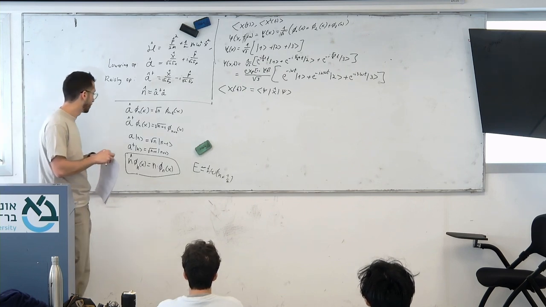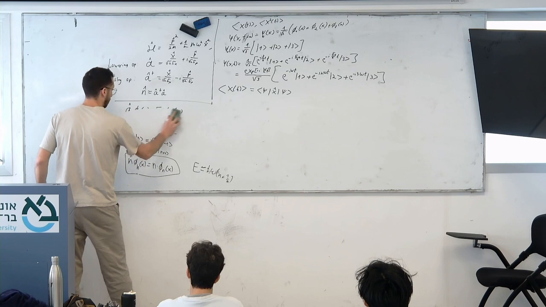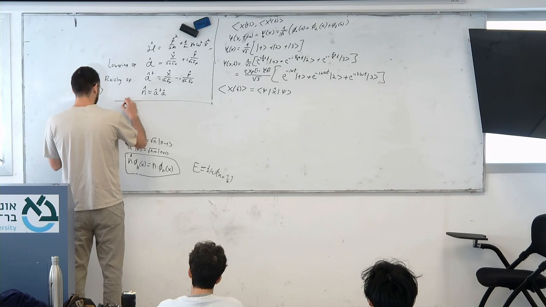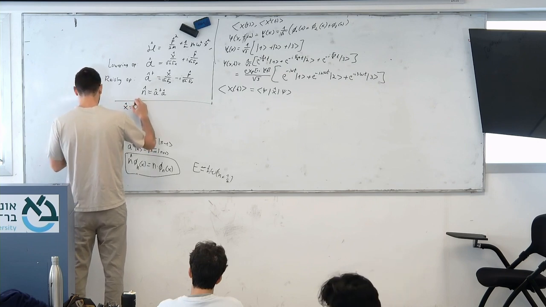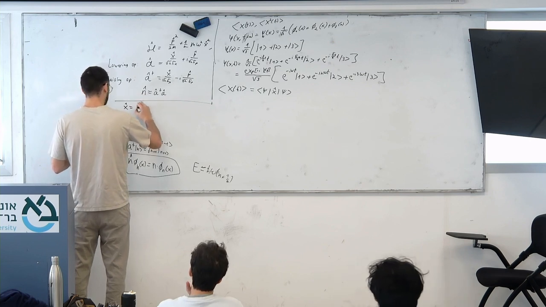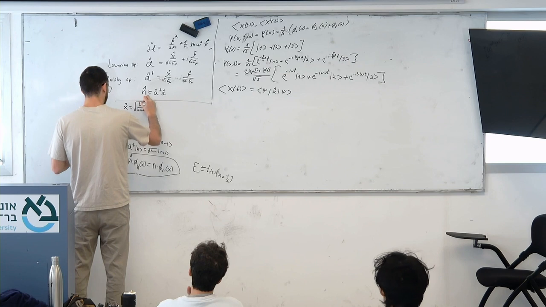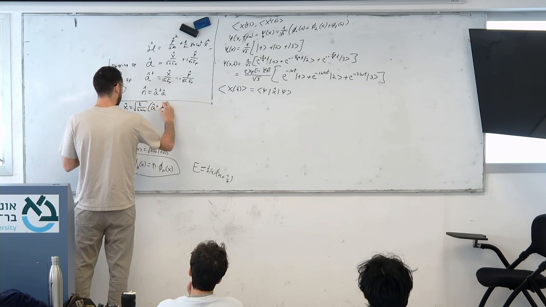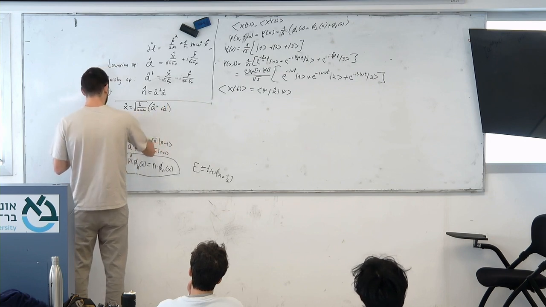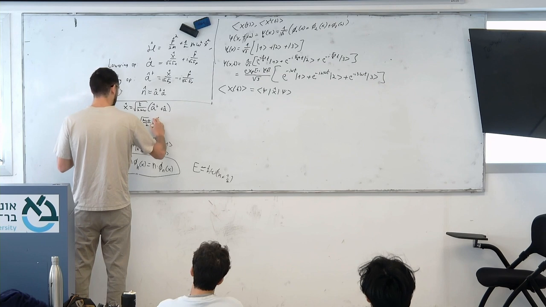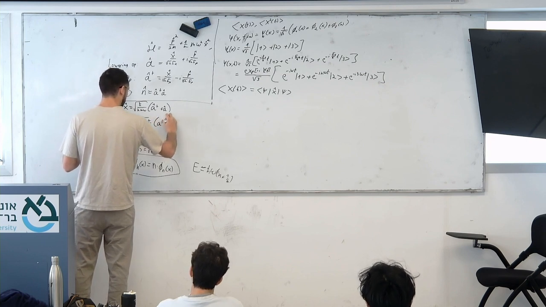I can always write the x operator equal to square root of h bar over 2m omega times a dagger plus a, and the p operator equal to i square root of m omega h bar over 2 times a dagger minus a.